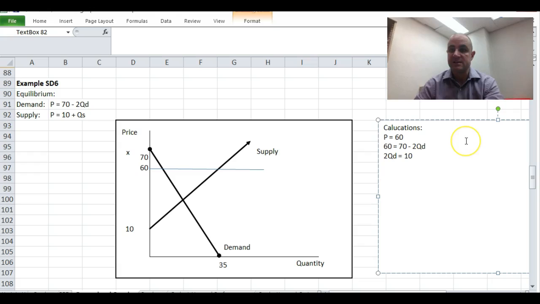If we divide both sides by 2, we get QD equals 5. So this tells you that when the price is 60, there are 5 units that are demanded.